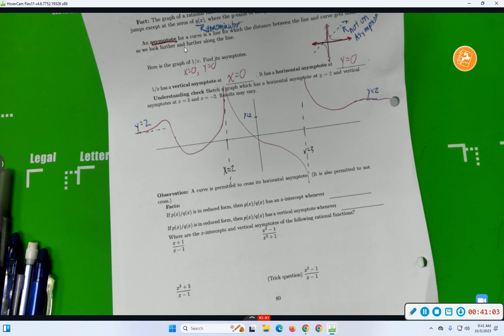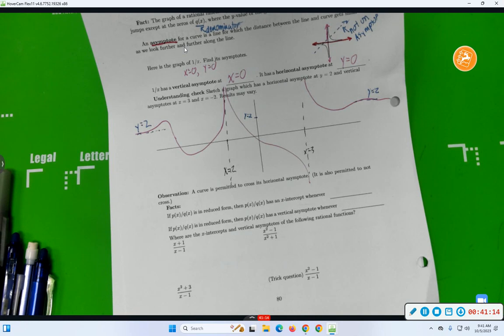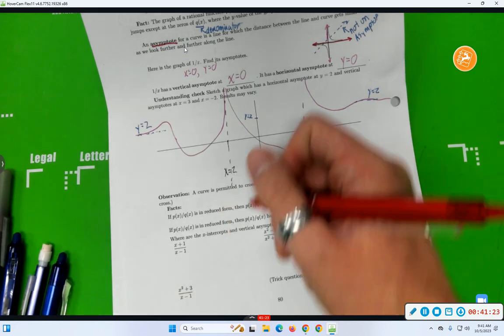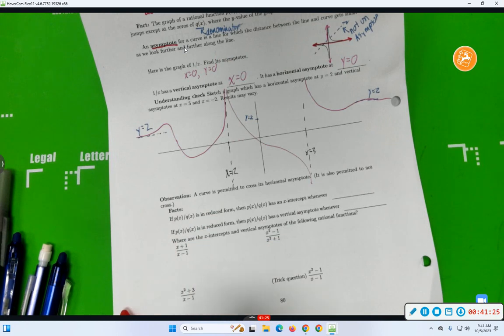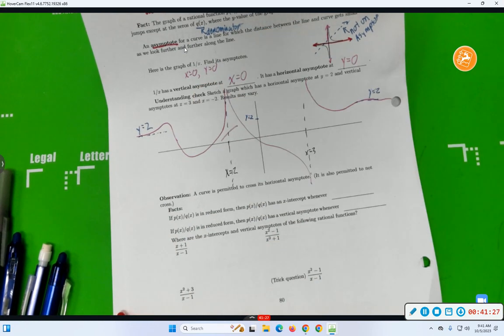You'll notice I said horizontal. Is there a reason that a curve can't cross its vertical asymptotes? Yeah, it has something to do with domain. If the thing crosses its vertical asymptote, has some important property of functions been violated?